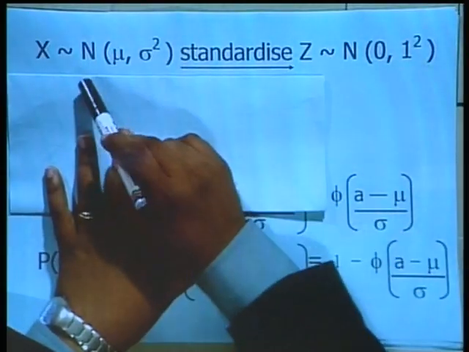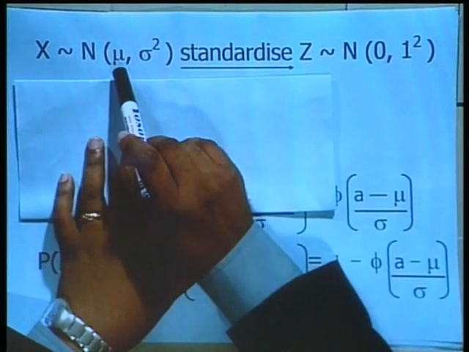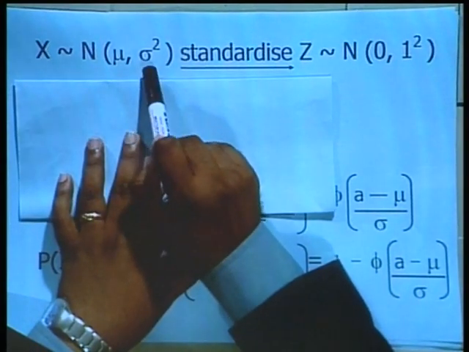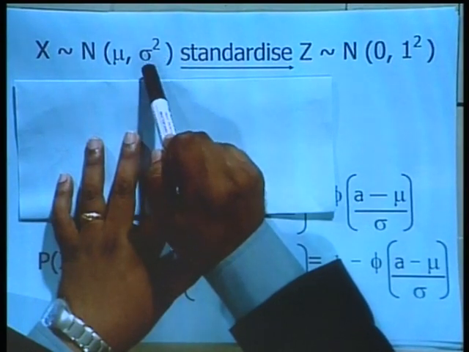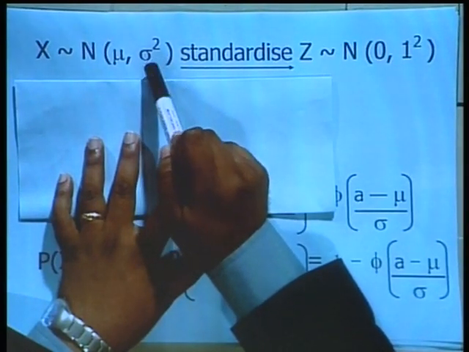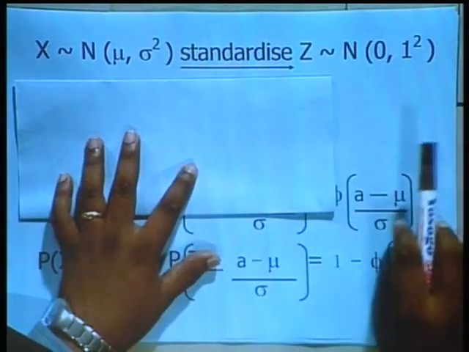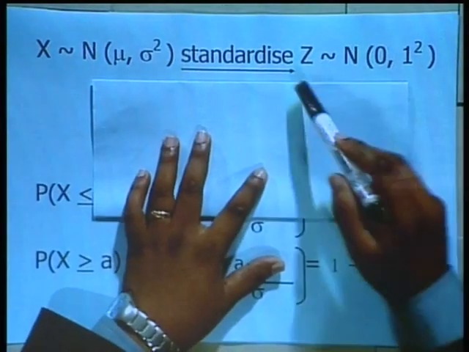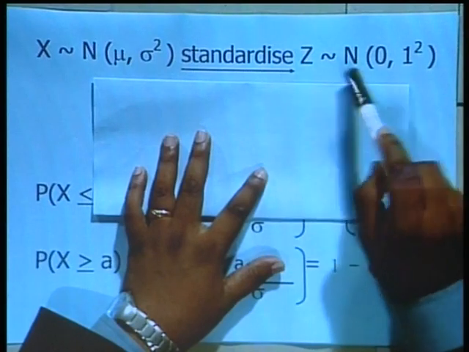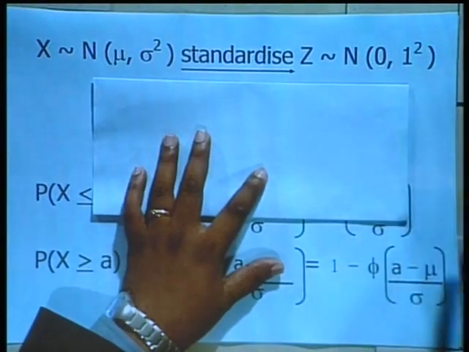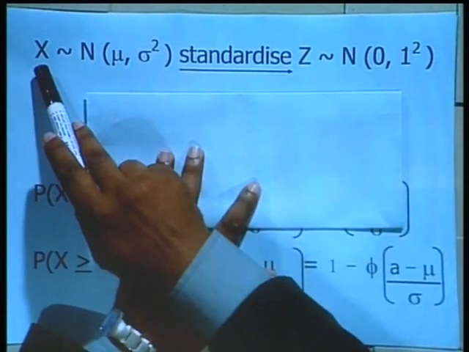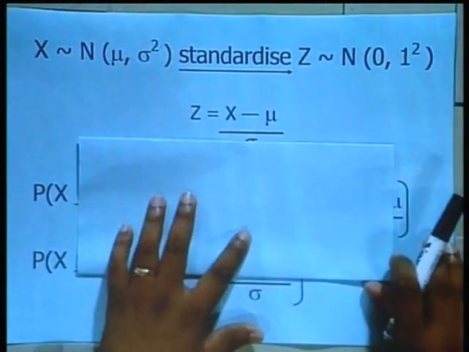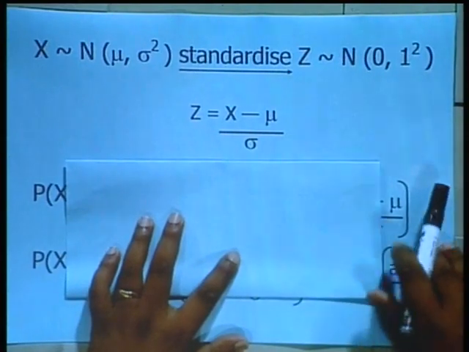So if X follows a normal distribution with mean mu and variance sigma square, where sigma is the standard deviation and sigma square the variance, we need to standardize it, that is map it on the standard normal curve, the normal variable Z. Transform X onto Z by the following transformation.